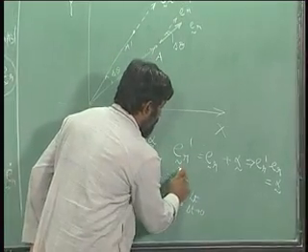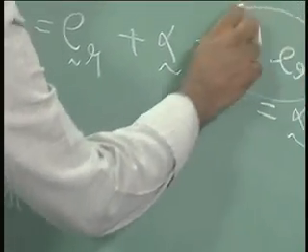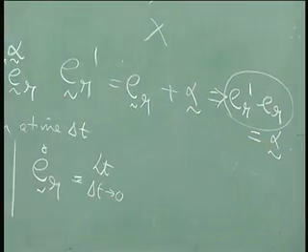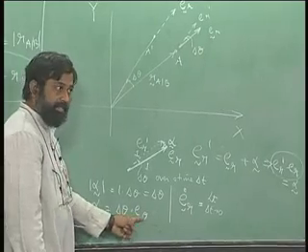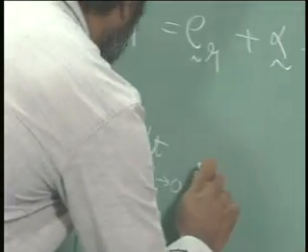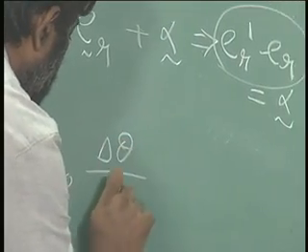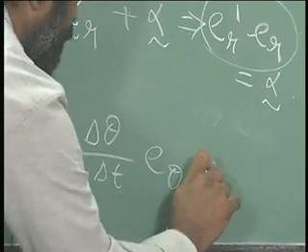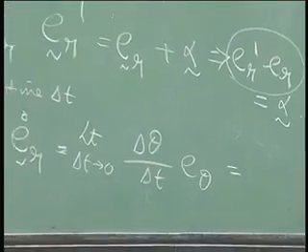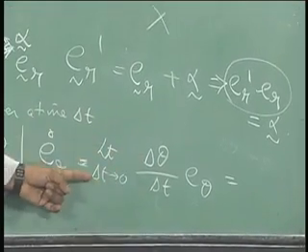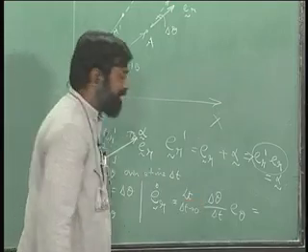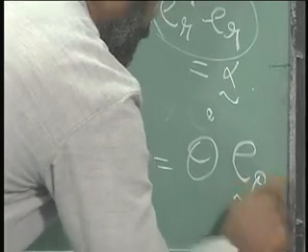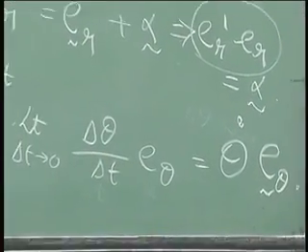The change that has occurred is ER prime minus ER, which is nothing but alpha, but alpha is equal to delta theta times E theta, and therefore this is delta theta divided by delta t times E theta, okay. So as delta t tends to 0, this becomes theta dot E theta, okay.